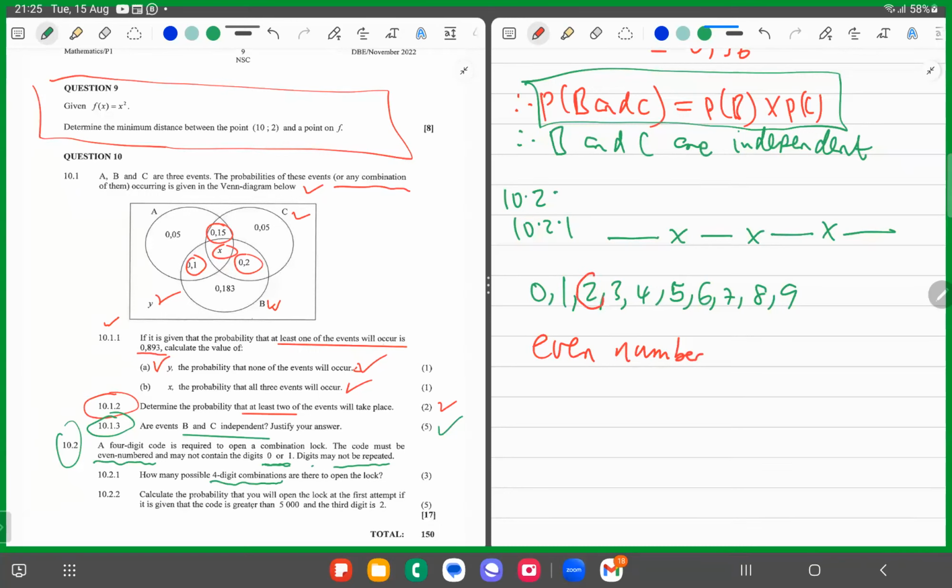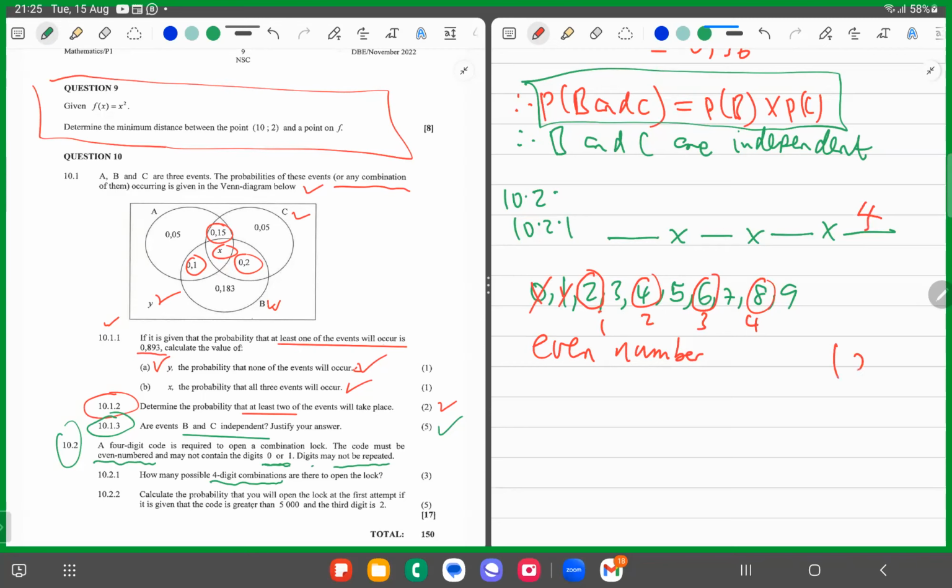So it may not contain 0 or 1. So it must end with a 2, a 4, a 6, or an 8. So you have 4 choices for the last one.